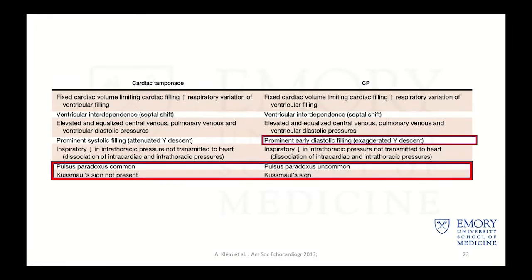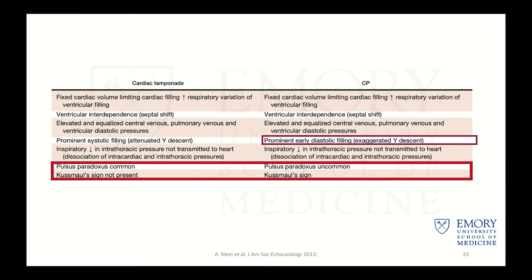Okay, some of the differences with tamponade. It may be a little bit harder to discern constriction and tamponade, but at the same time, you do have a large pericardial effusion, so that's not really subtle. But also, there are some hemodynamic findings. Like, as I mentioned earlier, there's blunting of the Y descent on the right atrial pressure in tamponade, and there's rapid deceleration of the Y in constrictive pericarditis.